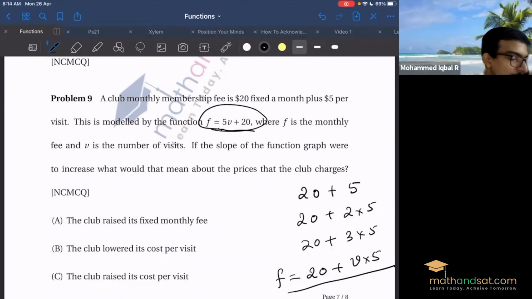Now, if the slope increases, what does that mean?